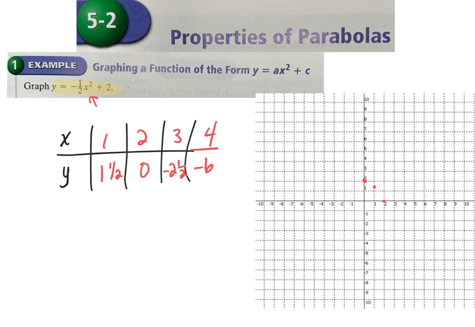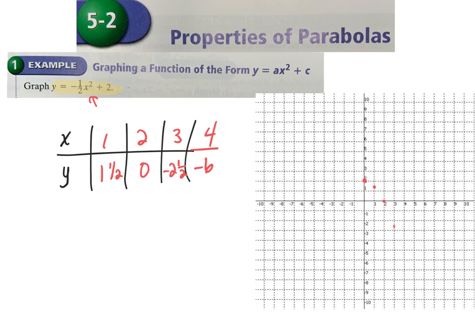You can kind of see what's going on here. The problem here is that you don't know for sure that that's the turning point. You can kind of see it is, but what if it weren't? And so if you just are picking x's and you don't happen to pick one that is on both sides of your vertex, then you may not realize where it's going to turn, okay?